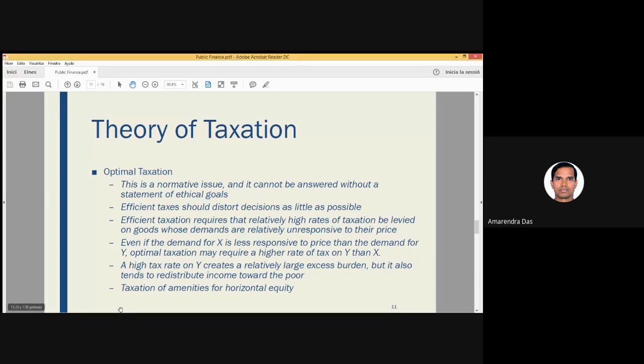Now, for horizontal equity, tax on amenities should be there. Why actually we are saying this? Now, imagine the other employees who do not get such a house. For them, their real income would be less, because suppose one person who is doing a job in government is getting a luxurious quarter, and that is why your extra real income is 10,000 rupees.